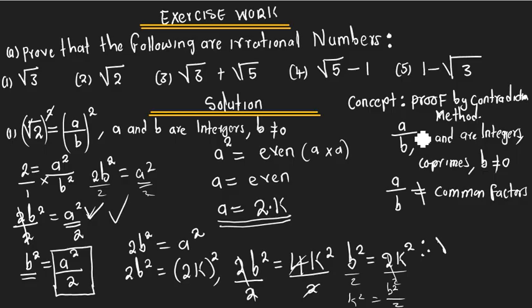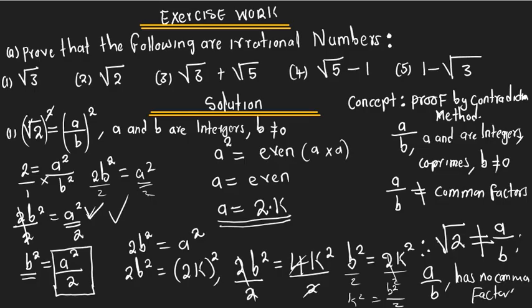Henceforth, the root of 2 cannot equal a over b, where a over b has no common factors. Henceforth, proven. That is how you prove this. You just need to show all these workings that I have highlighted. So this is how you prove that actually the square root of 2 is irrational.